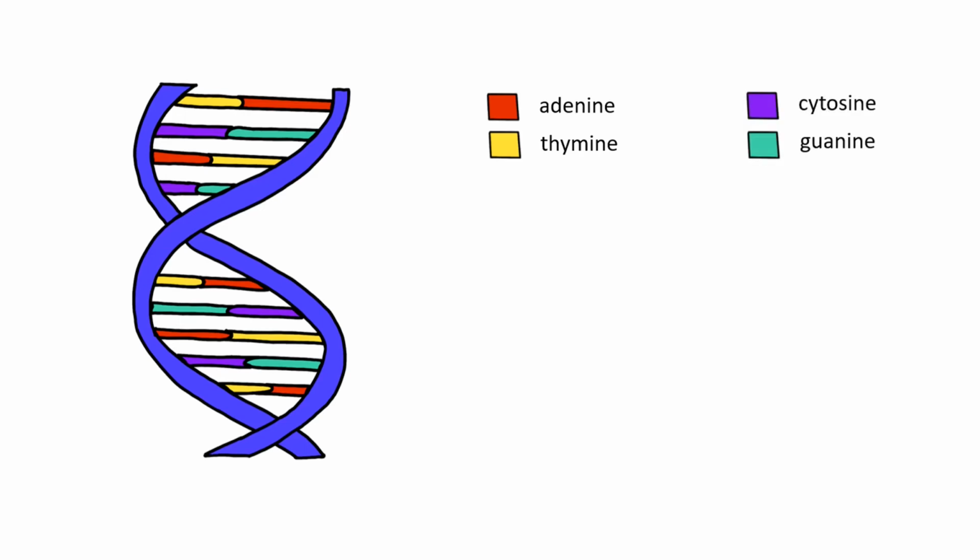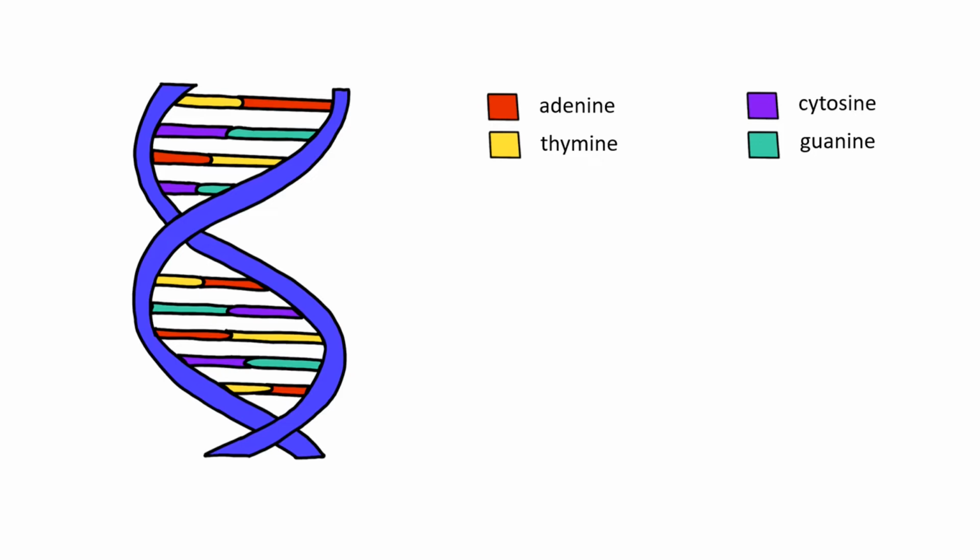However, there are some rules for this base pairing, as adenine is always paired with thymine and guanine is always paired with cytosine. Because of this, the 2 chains of DNA are said to be complementary, as each strand contains bases that pair with the opposing strand.